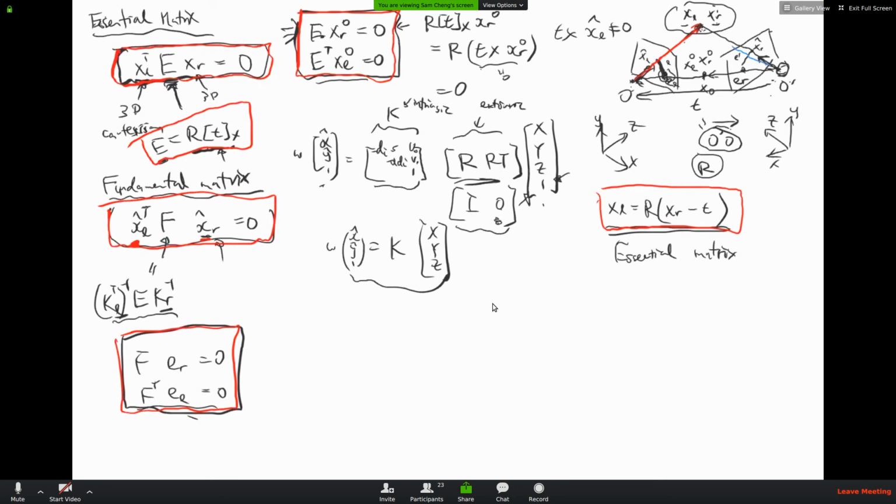Remember our goal: if I know a point on the left screen, say I see it at this XR hat here, I want to know the corresponding point on the right screen. I don't want to search the entire screen. I know that it will lie on the epipolar line, but I need to know where the epipolar line is. So I need to digress a little bit to have a way to describe a line.